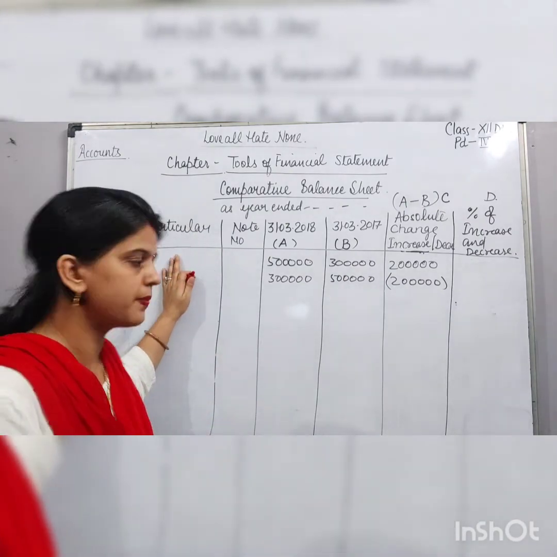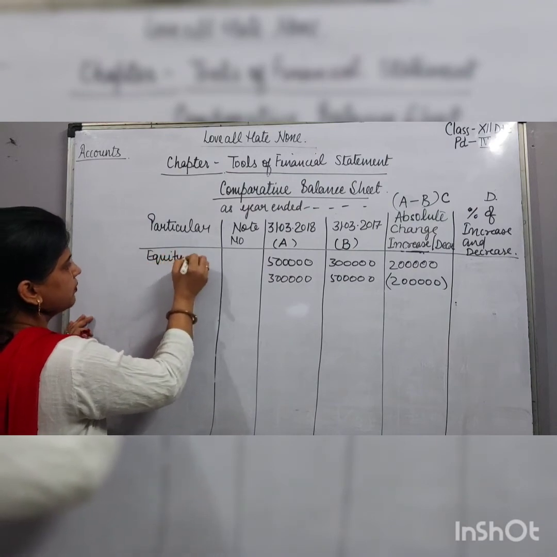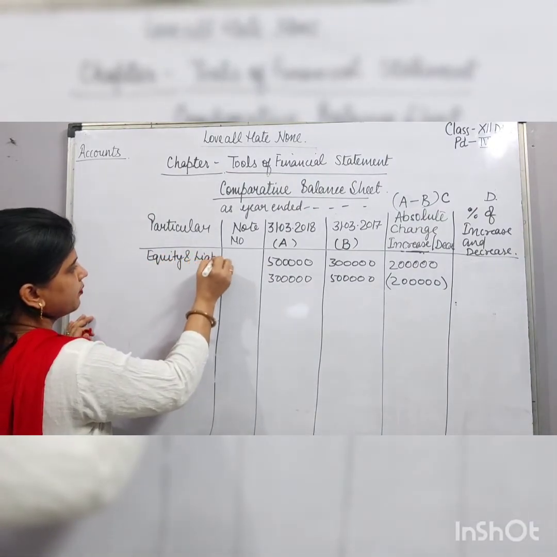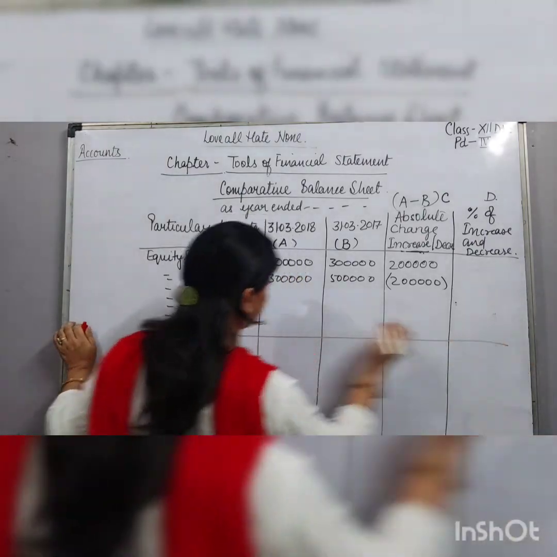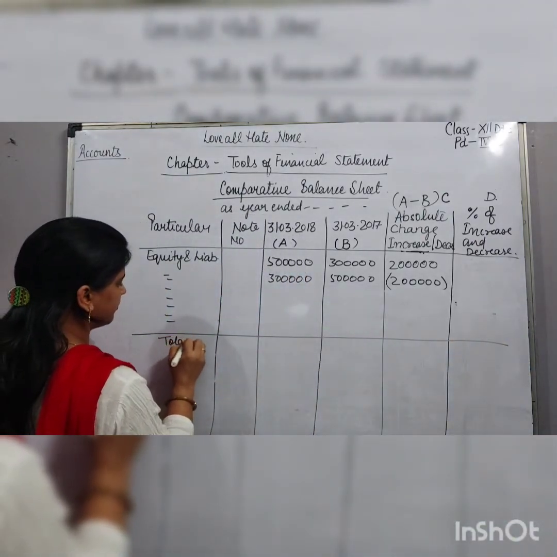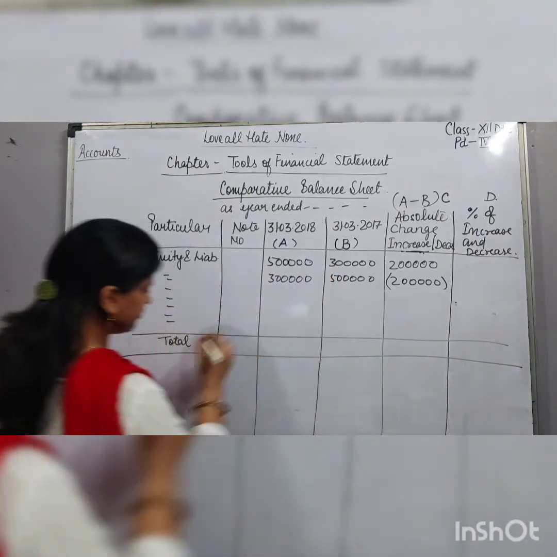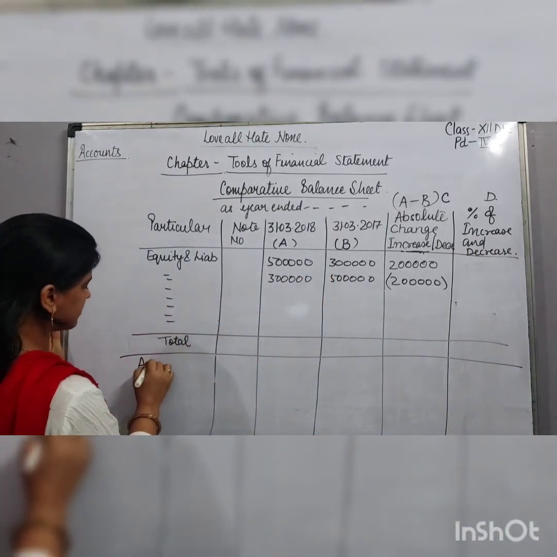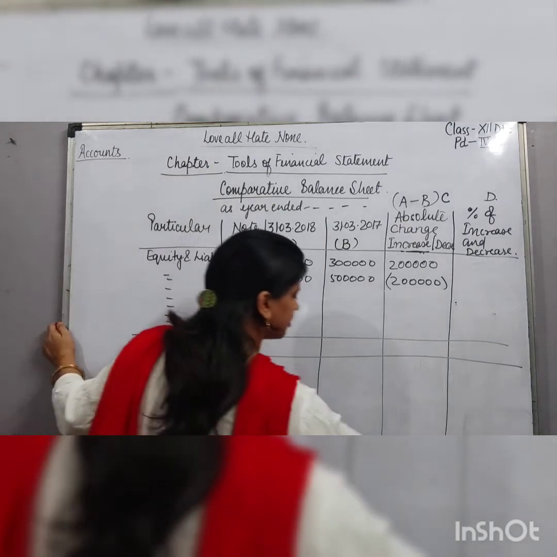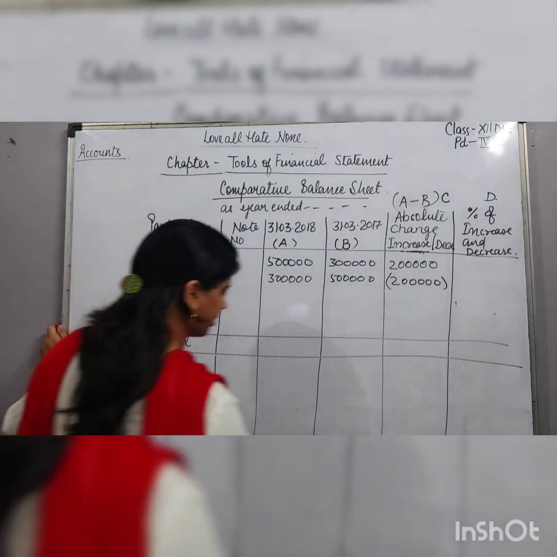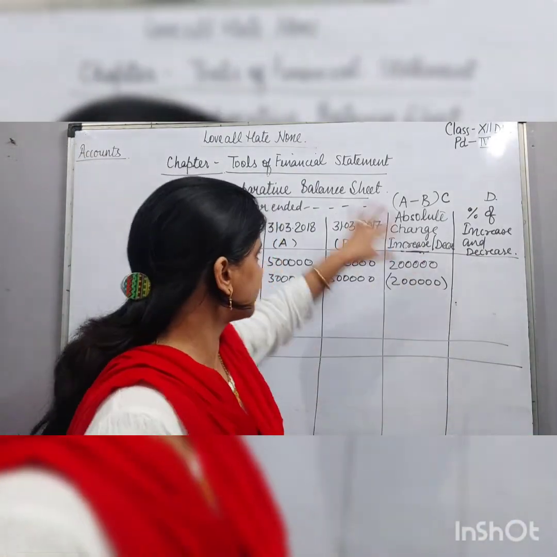Suppose here you have written equity and liabilities, as I already told you, then here we will do the total. Then again assets, and then again the total here. In this way we have to prepare the format.